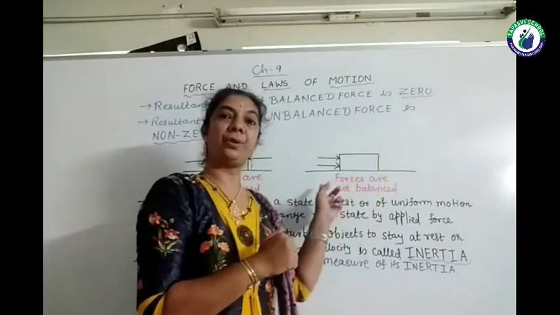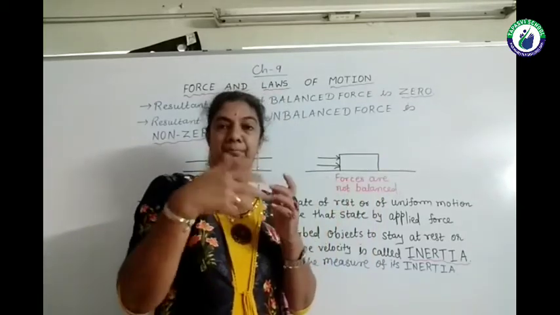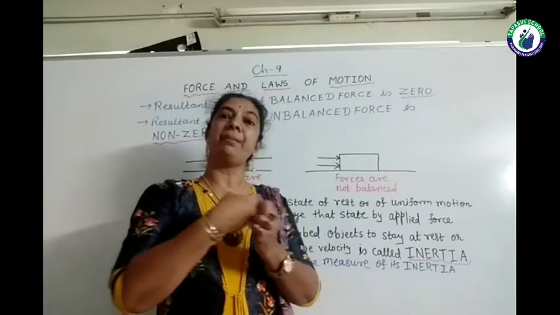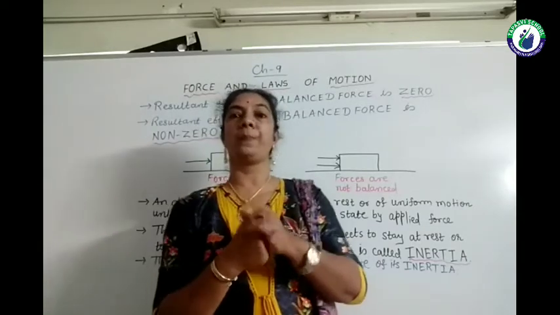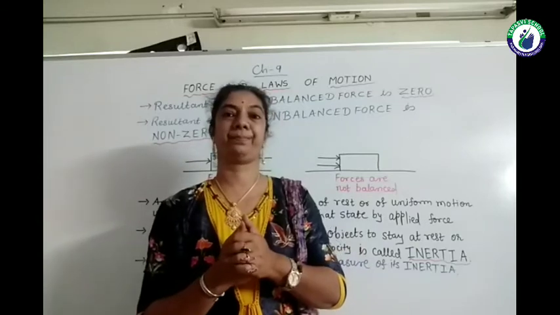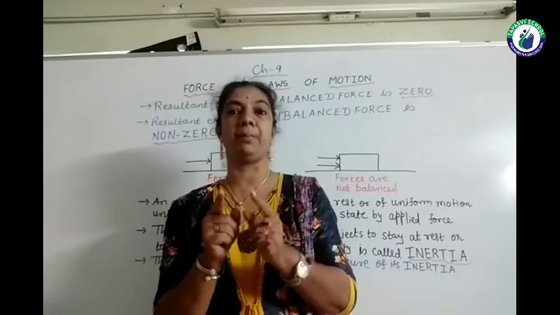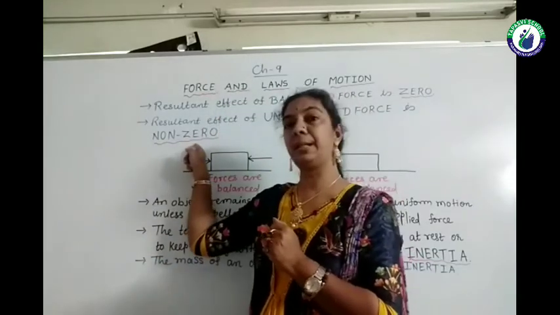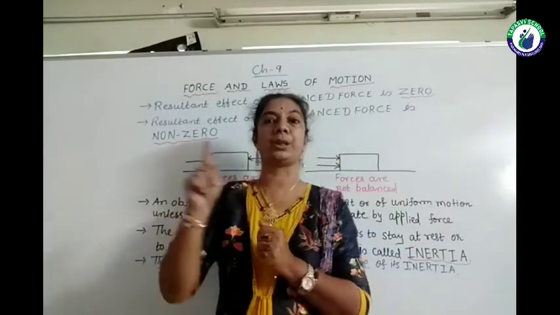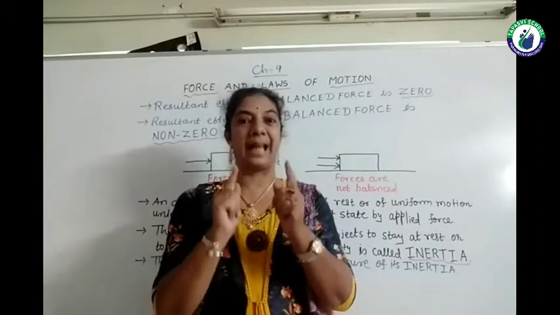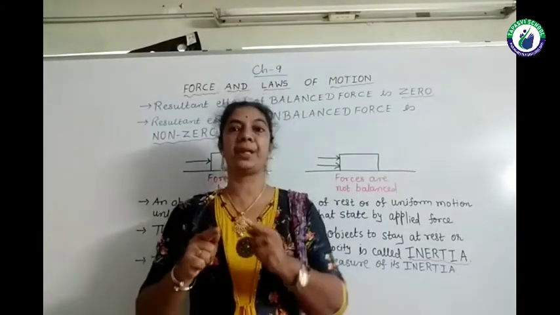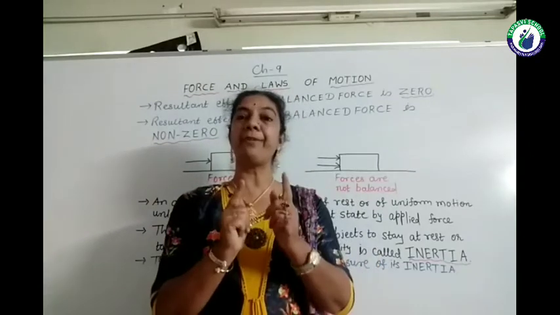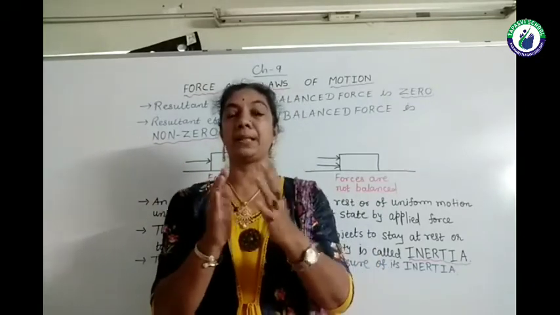But as soon as the winner team, which will be afterwards declared, pulls the rope in their direction, the forces become unbalanced, and in that situation, the resultant of the unbalanced force is non-zero. That means the object will change the state of motion if some unbalanced force is there.